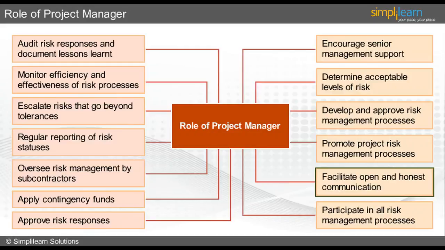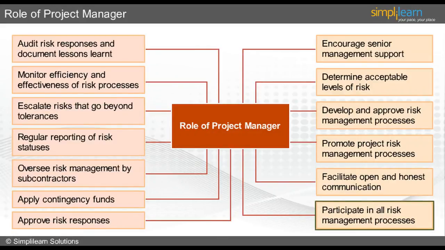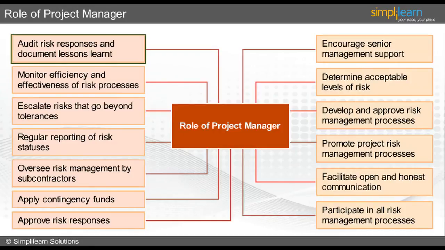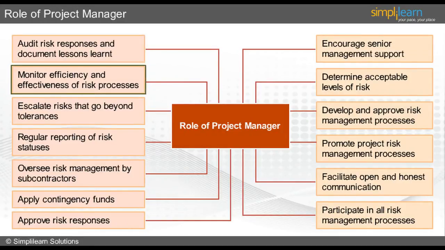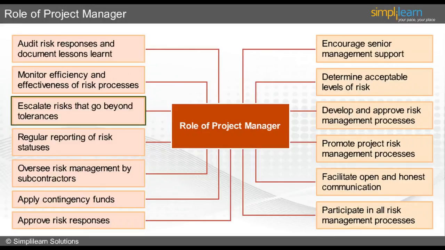Auditing risk responses for effectiveness and documenting the lessons learned. Monitoring the efficiency and effectiveness of the project risk management process. Escalating the risks that go beyond tolerances. In other words, escalating the risks that are outside the authority or control of the project manager to the senior management, as and when required. Regular reporting of risk statuses to the stakeholders with recommendations.